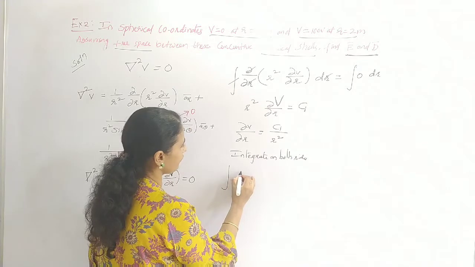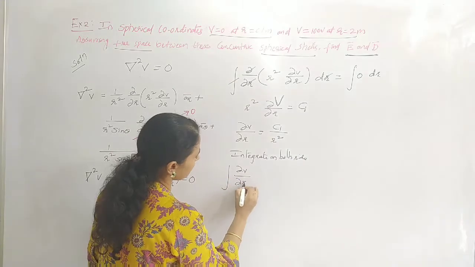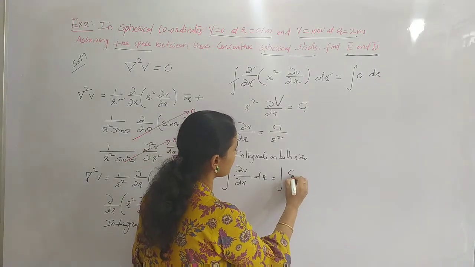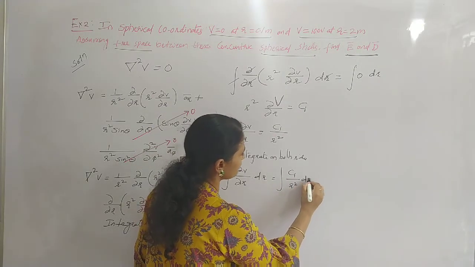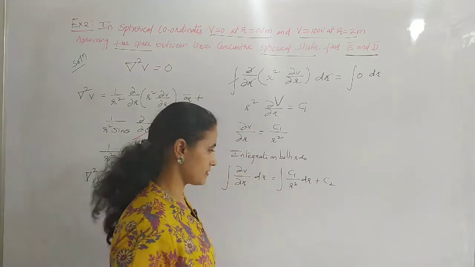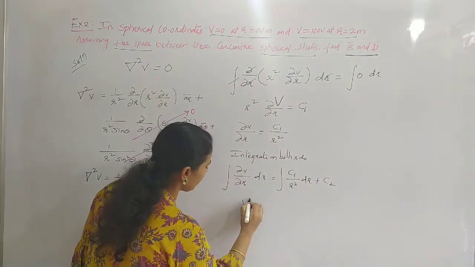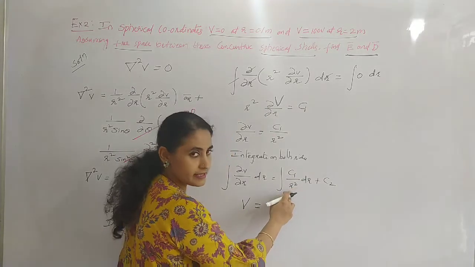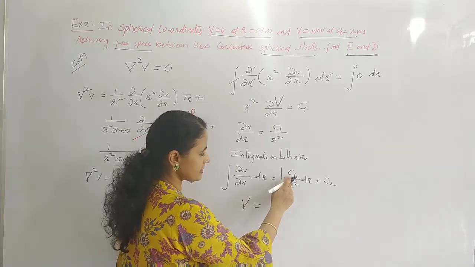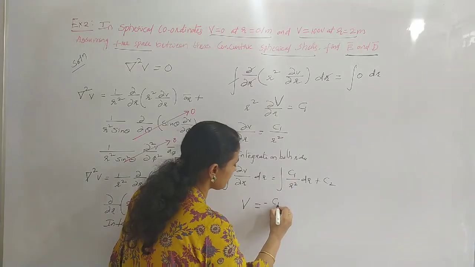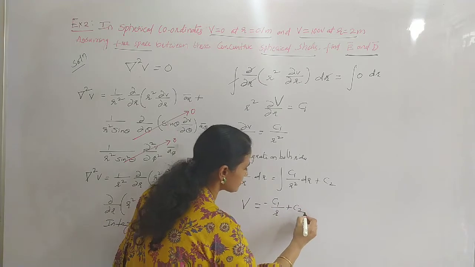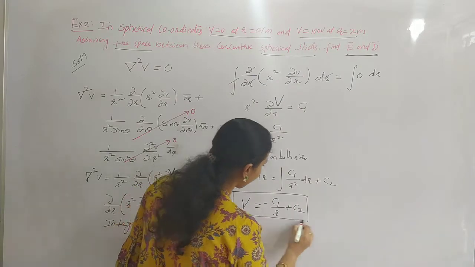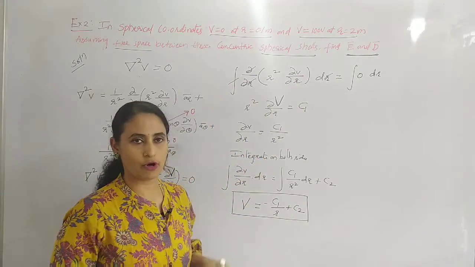The integration of dou V by dou r into dr is given by integration of c1 by r square into dr plus a constant. So V is given by minus c1 by r plus c2. Okay, so we obtain the value of V in terms of some constants.